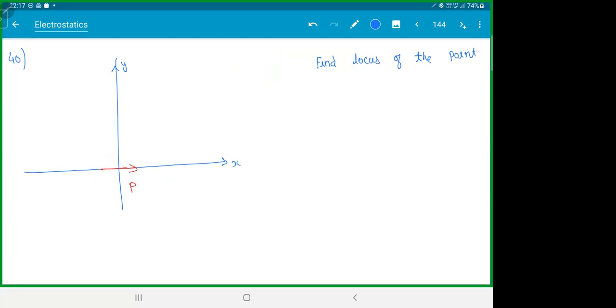Find the locus of the points where the field is along y-axis. Means there should be no horizontal component. I hope you know the meaning of locus. So if you take all those points and join them, what is that shape? Find the locus of the points where the field is along y-axis. Right, this is a good one.